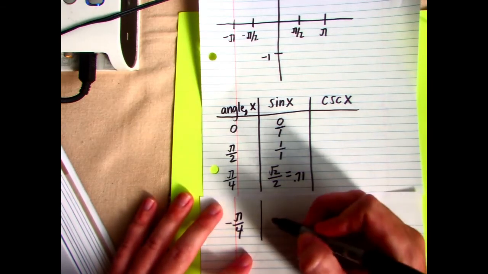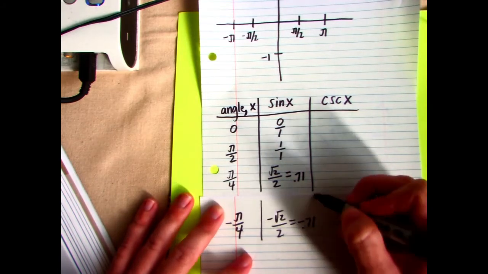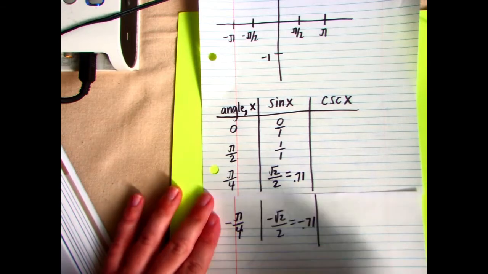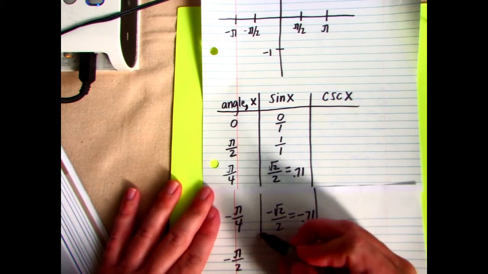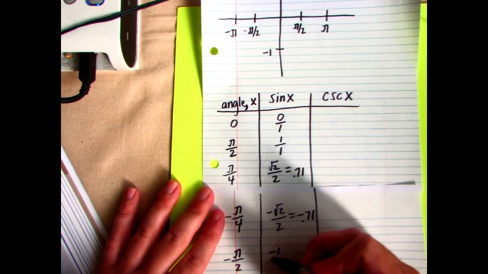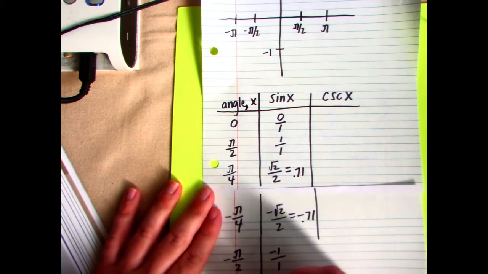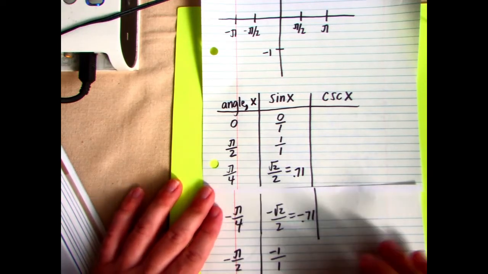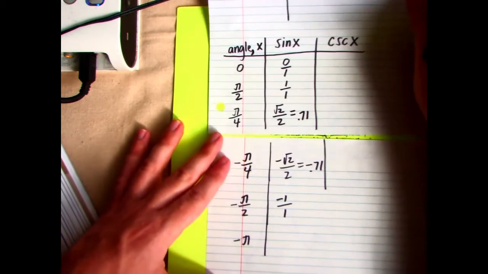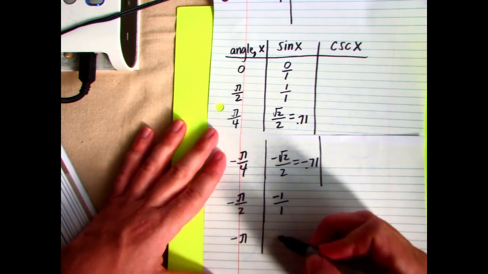Sine of negative pi over 4 is negative root 2 over 2. So that's negative 0.71. If the angle was negative pi over 2, the sine of negative pi over 2 is negative 1, or negative 1 over 1. And the last one I'm going to do is negative pi. The sine of negative pi is 0, and I'm going to write that as 0 over 1.